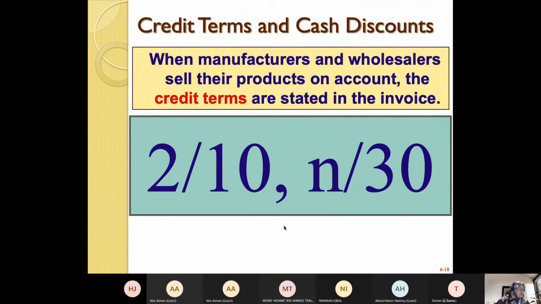Let me have Honey. Yes, doctor. What do you mean by 2/10 net 30 here? 2 is the discount and 10 is the days. So basically we have a discount for 10 days. How much is the discount given? Is it 30%?